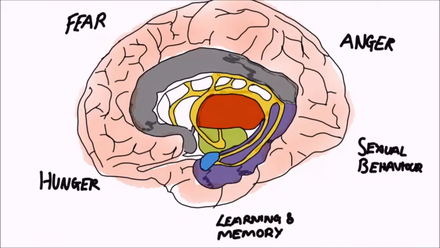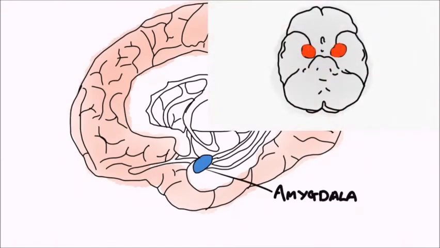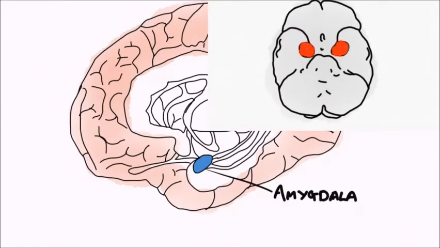Unfortunately, there is no consensus as to what structures constitute the whole of the limbic system, so in this video we'll stick to those viewed as the most important. Firstly, if we have a look at the amygdala, which here we have coloured in blue, the amygdala is a small almond-shaped structure located deep and medially within both temporal lobes.